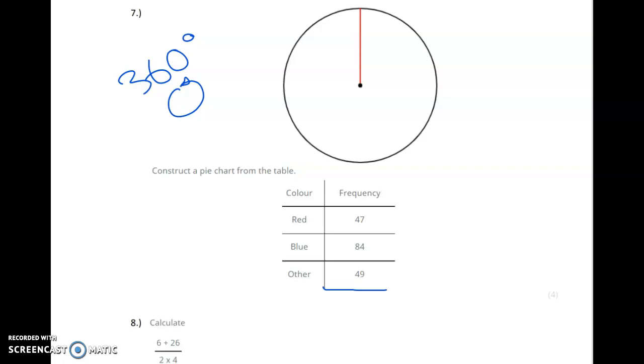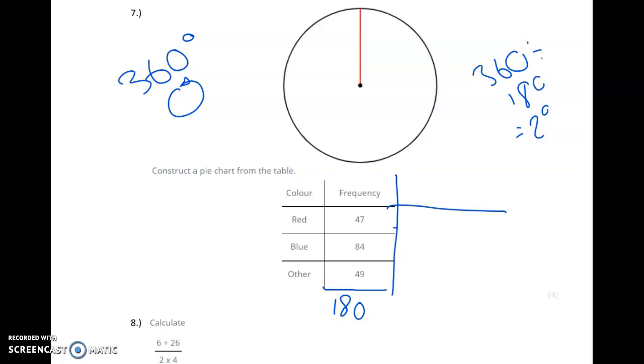When we do that, we get 180. So we're going to share these 180 around that pie chart. So we do 360 shared by 180, which gives us 2 degrees. So each of these frequencies is worth 2 degrees each.